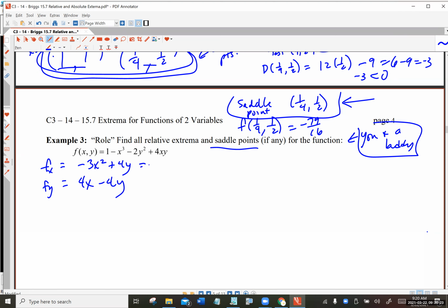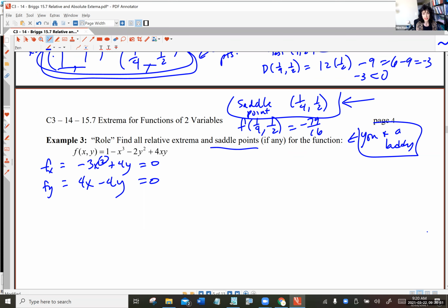Okay, I simultaneously set them to 0 and I get a system of equations that's nonlinear. Nonlinear because this one term here has a squared in it. So that makes the entire system nonlinear. Now, we're going to use the substitution method, although you could add these two equations together and kill off the y, but then you're going to end up with a quadratic anyway. So I'll just do the substitution method.